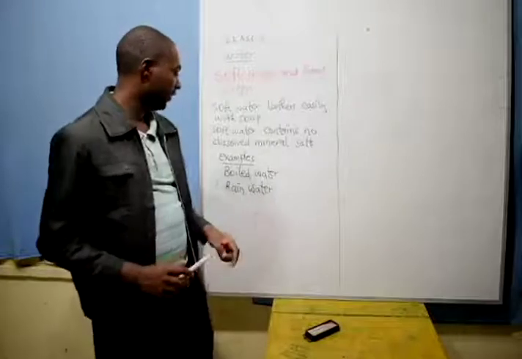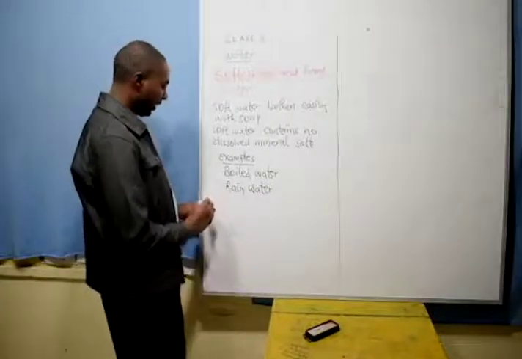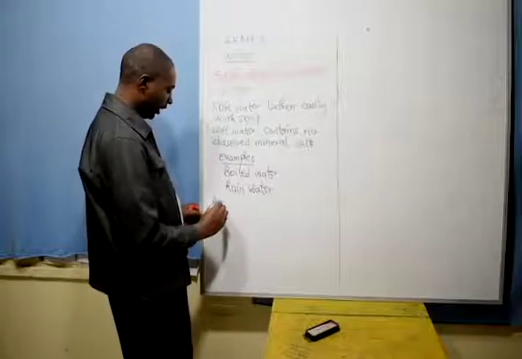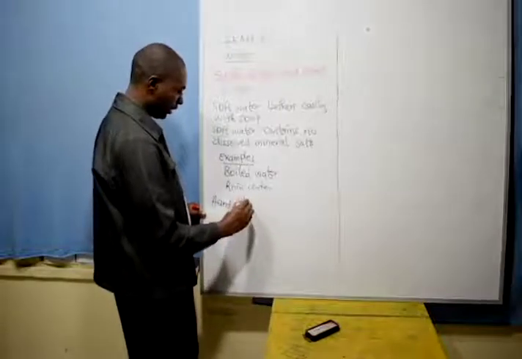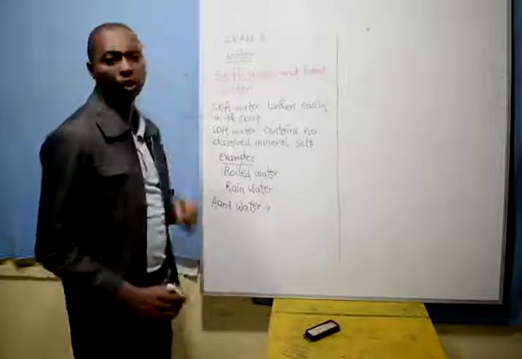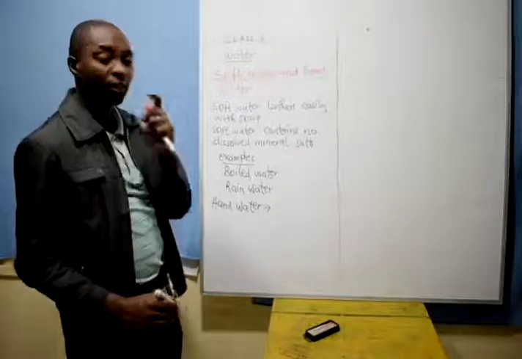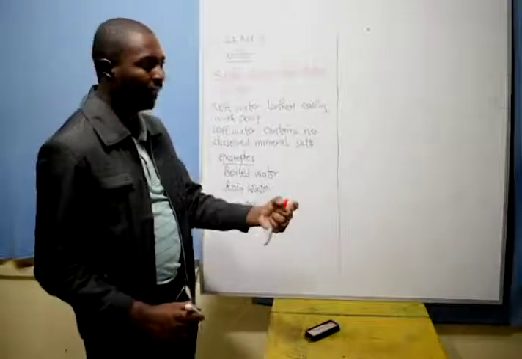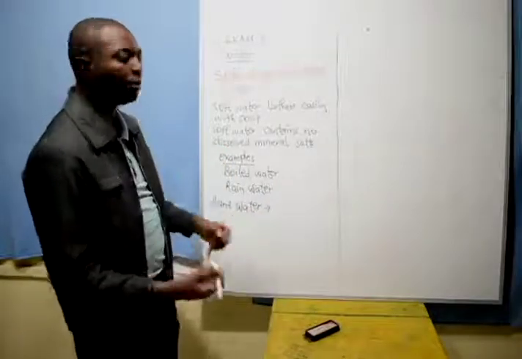Try this. But on the other hand, we have the hard water. Hard water contains much dissolved salts, and therefore those are the salts that react with soap, and they prevent it from forming lather.